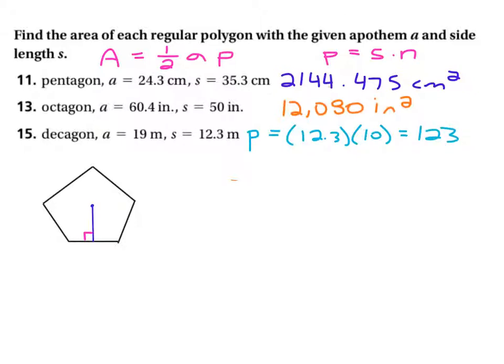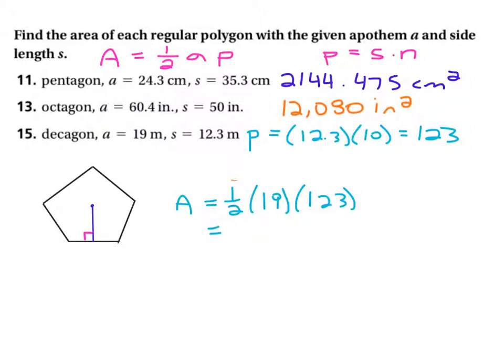So then, to find the total area, we say 1/2 times the apothem, which is 19, times the perimeter, which is 123.